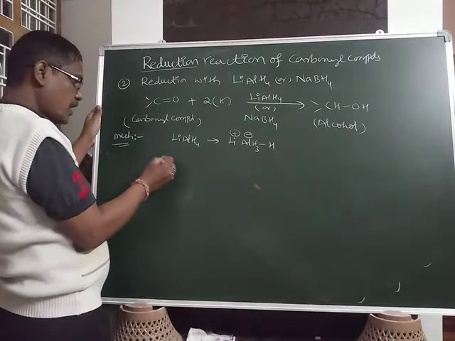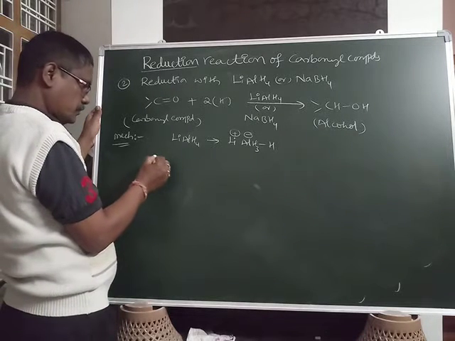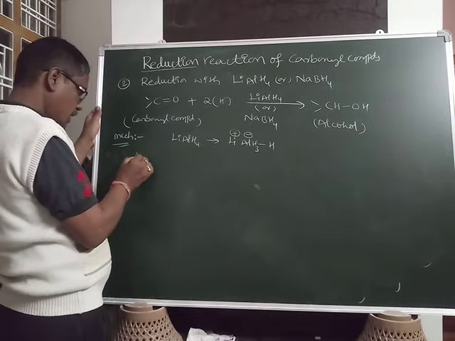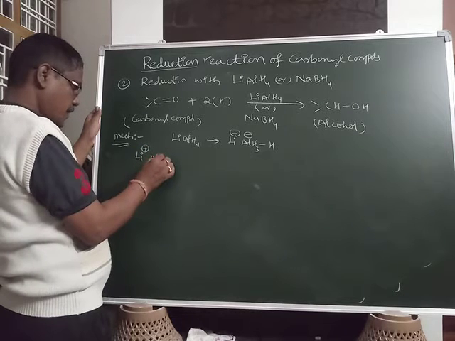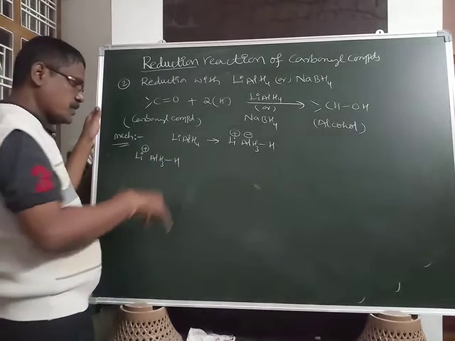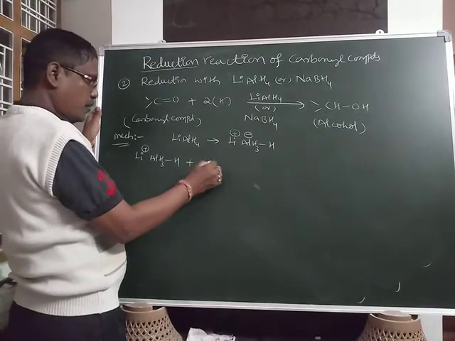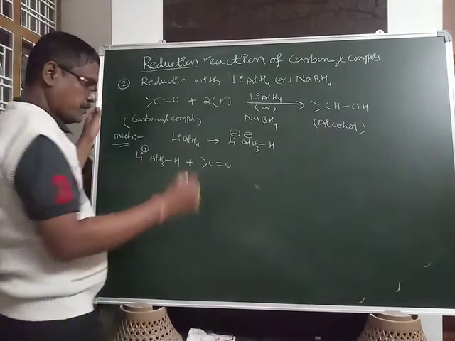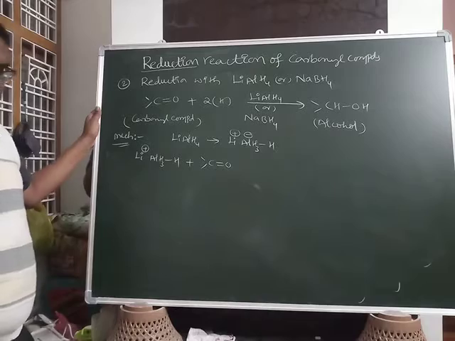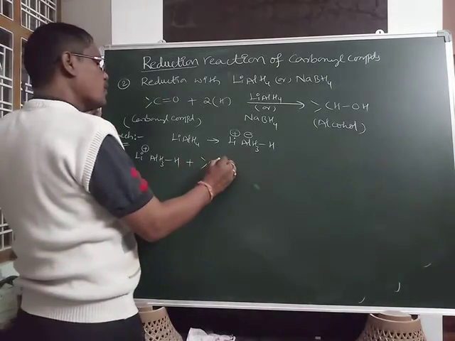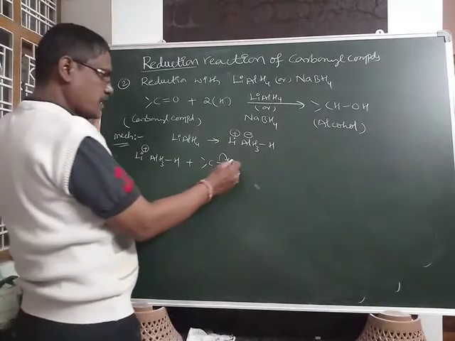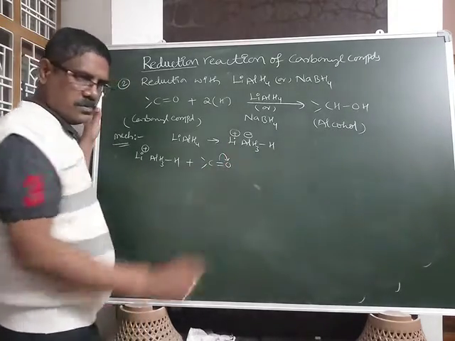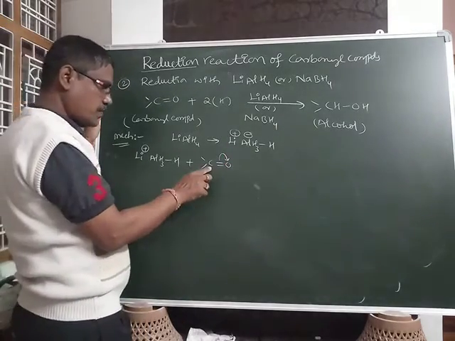Now this carbonyl group: one H, which I am showing separately, approaches the carbonyl group and the electrons shift towards the oxygen. Oxygen gets a partial negative charge and carbon a positive charge.